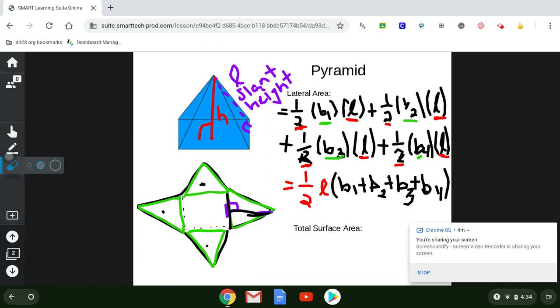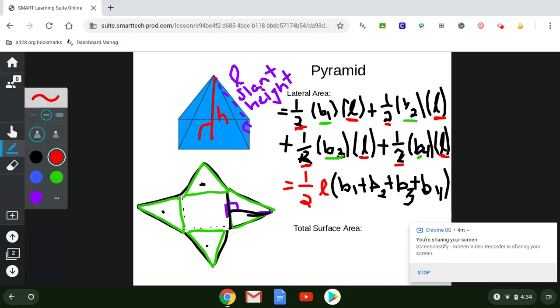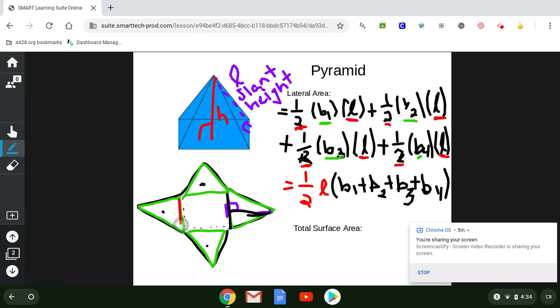All right, so if I were to add those together, this is what it would look like on my net. I would be adding this, plus this, plus this, plus this. And if you notice, that's actually the perimeter of my base all the way around.